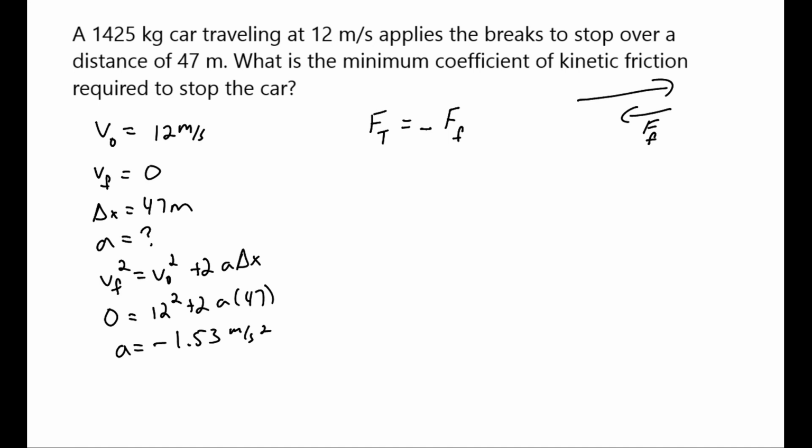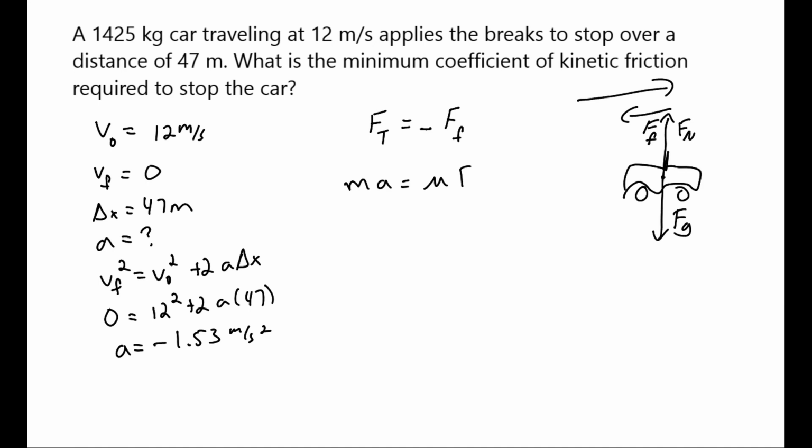Alright, so we've got ma equals negative mu, and so force of friction is mu times what? Fn, and Fn is equal to what since it's on a flat surface? So we've got our car, so force of gravity and normal force.